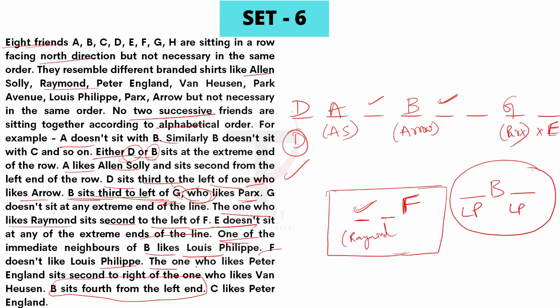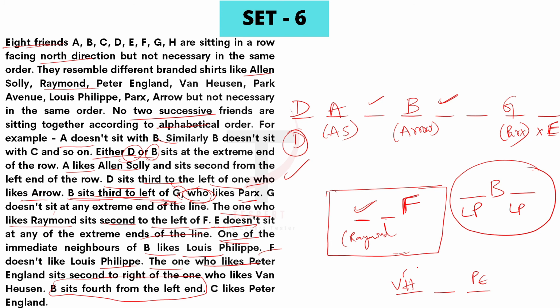The one who likes Peter England sits second to the right of the one who likes Van Heusen. So if this person likes Van Heusen, then the person who likes Peter England sits second to the right.